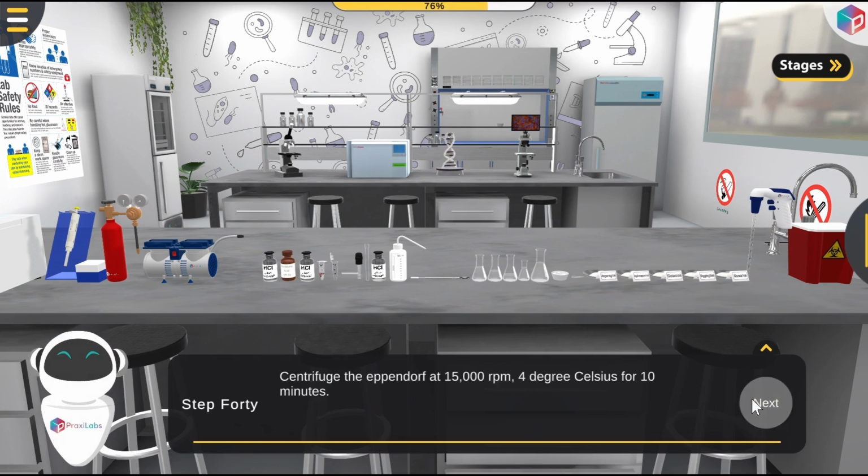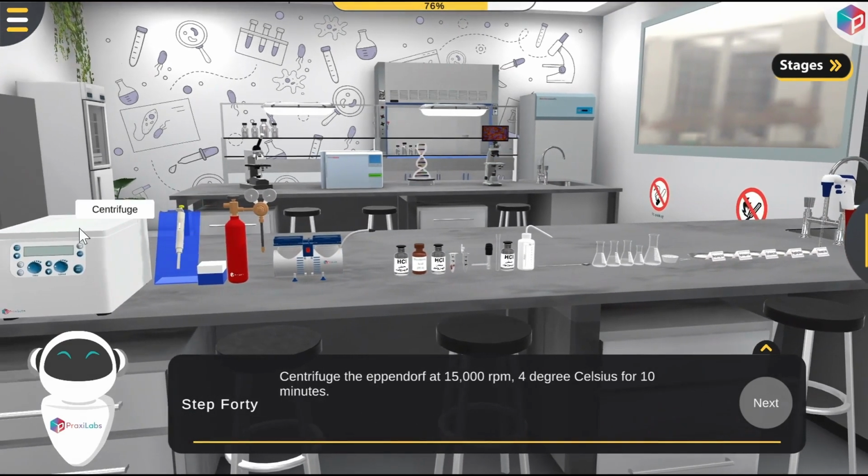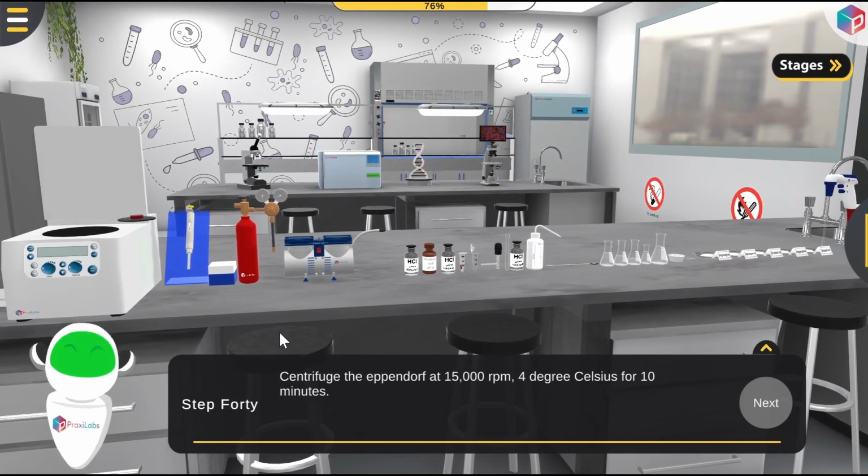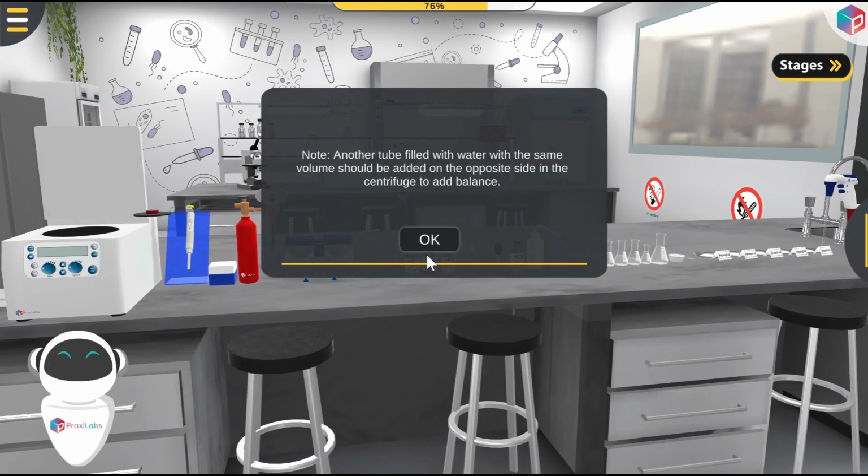Step 40. Centrifuge the Eppendorf at 15,000 revolutions per minute and 4 degrees Celsius for 10 minutes. Ensure balance in the centrifuge by placing a tube with an equal volume of water opposite to the sample.